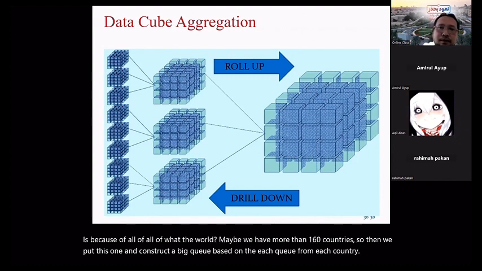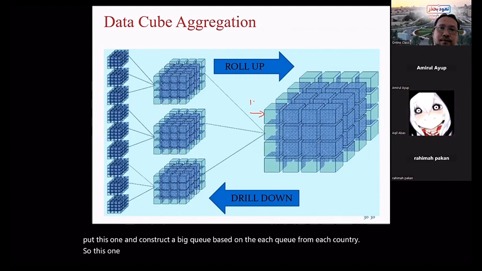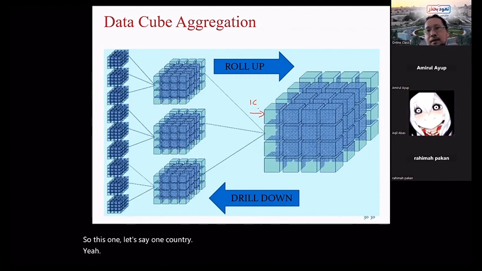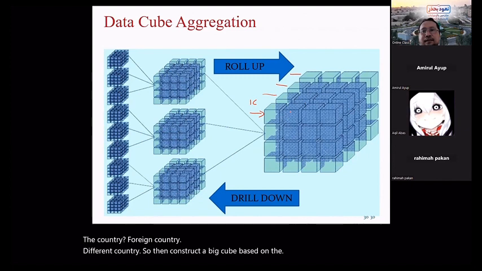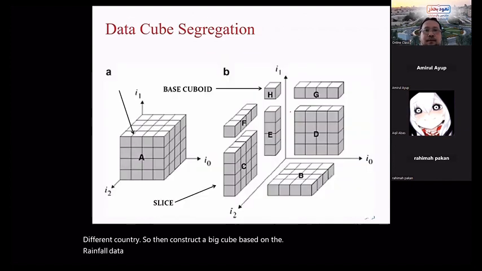So we put this one, and construct a big cube based on each cube from each country. Let's say one country, another country, another country, a different country. Then we construct a big cube based on the rainfall data for each country.